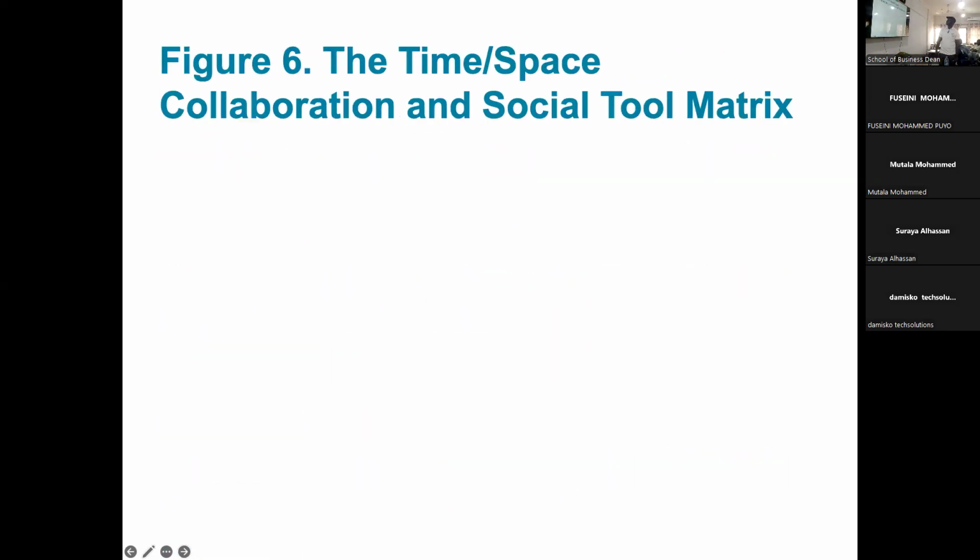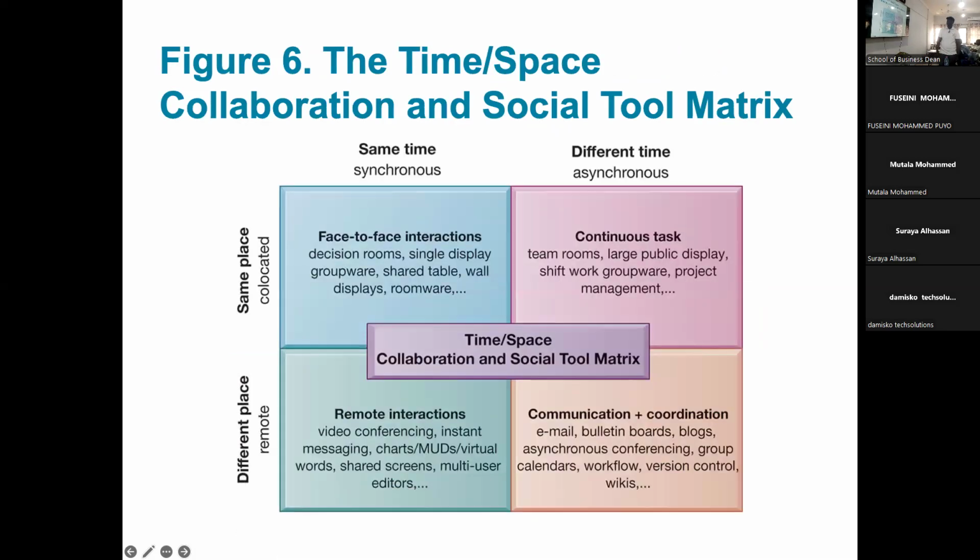Time, space, collaboration, and social tool matrix. When we say collaborating, are we collaborating now? Yes, we said collaboration means to collaborate. So I'm standing here, a teacher, and you are sitting down as students, and we are collaborating. But our collaboration happens at the same time and the same place, right?